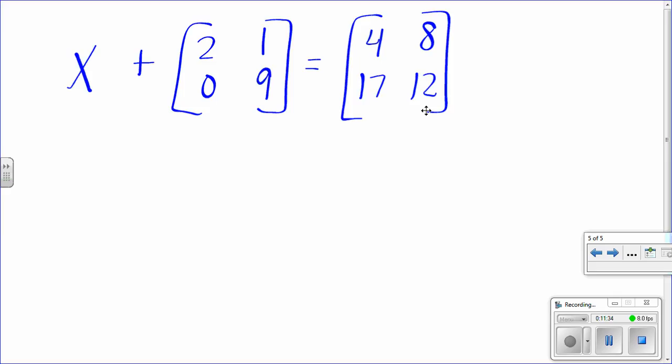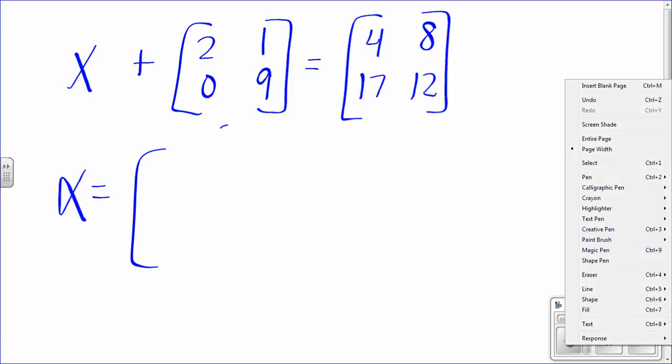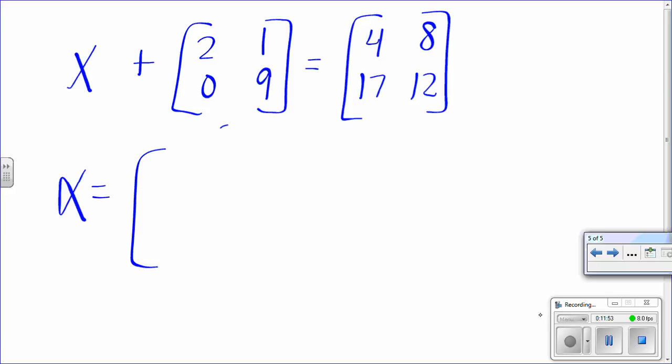If I added matrix x to this and got that, what would x have to equal? How can you figure that out? Just subtract. Yeah, subtract these two matrices. Just like regular algebra. Just subtract.